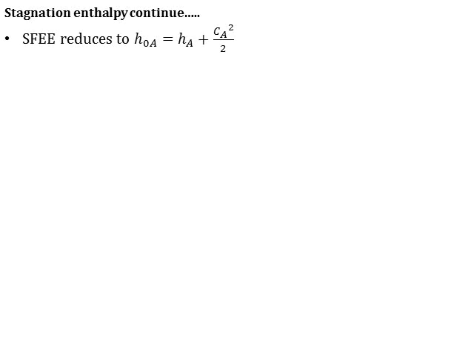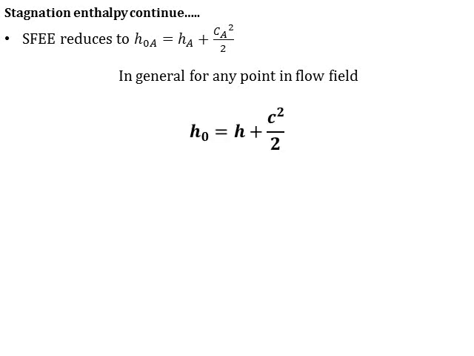This is H0A is equal to HA plus CA square by 2, where H0A represents the stagnation enthalpy corresponding to the stagnation state of point A, HA represents the static enthalpy, CA represents the velocity of fluid at point A. In general, for any point in the flow field, we can say that the stagnation enthalpy is equal to the sum of static enthalpy and kinetic energy at that particular point of the flow field.